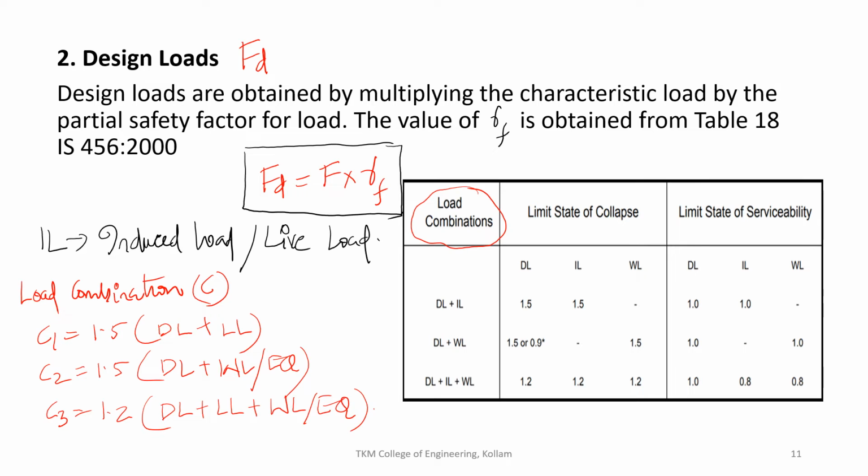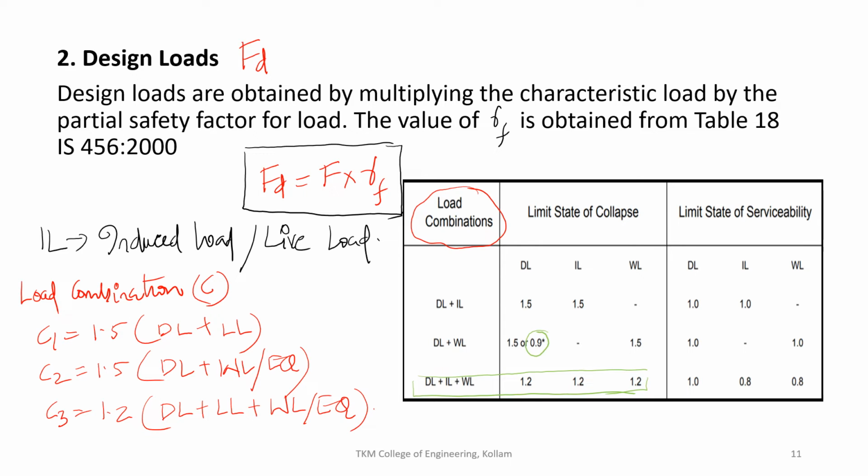So it's very uneconomical to construct a structure for such a very high load, and that's why the code gives the partial safety factor as 1.2 when we are taking the case of dead load, imposed load, and wind load.